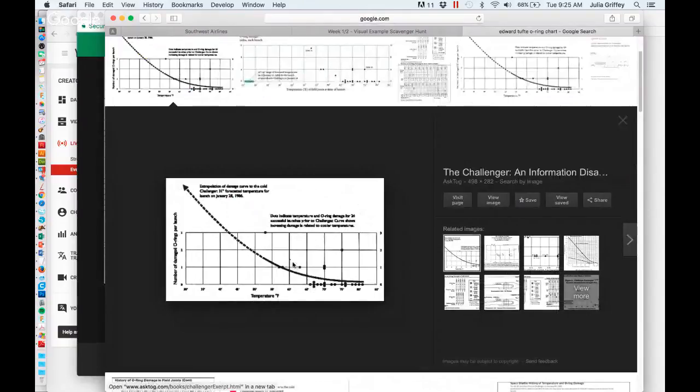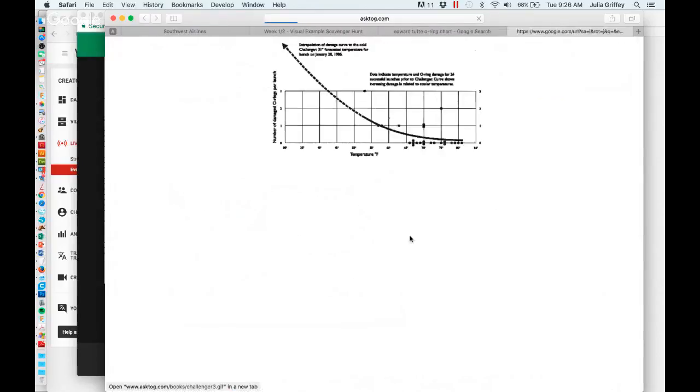Here we go. All of these dots on the graph indicate different launches and the amount of O-ring damage. It's very difficult to read right here. Let me see if I can view image, maybe. Look, it's still very tiny. So this right here is where we have the largest number of damaged O-rings per launch.